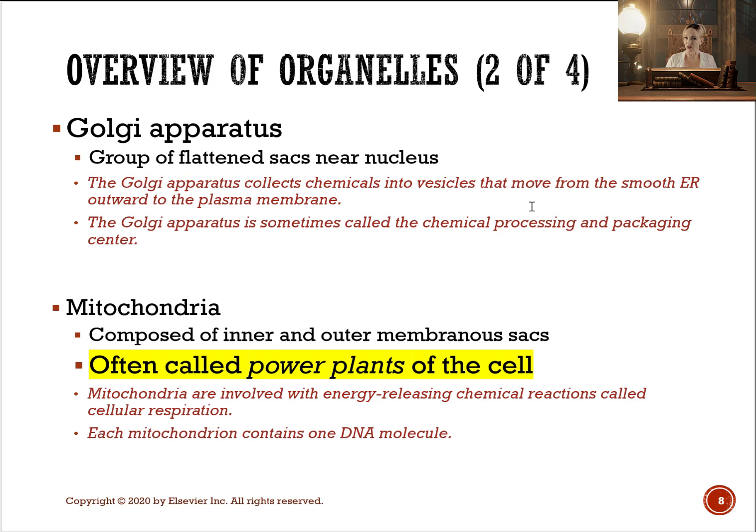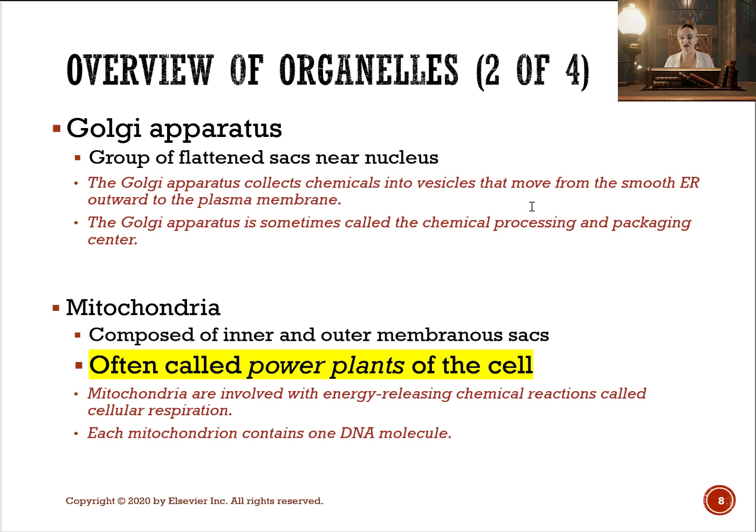So moving on to other organelles that we're going to see inside of the cell, we have the Golgi apparatus. This is a group of flattened sacs that lie near the nucleus. The Golgi apparatus collects chemicals into vesicles that move from the smooth ER outward to the plasma membrane. The Golgi apparatus is sometimes called the chemical processing and packaging center. Then we have our mitochondria.